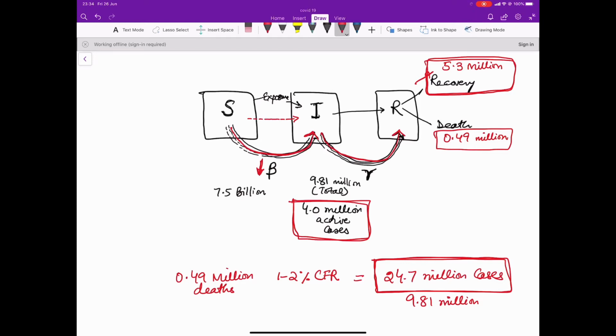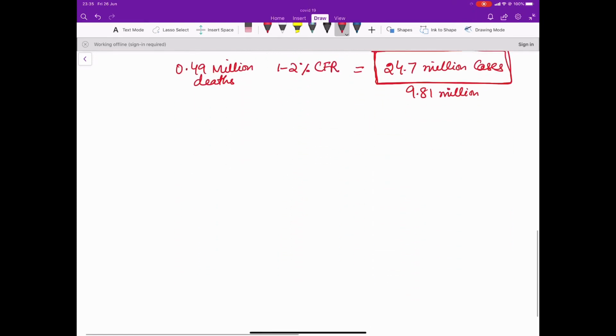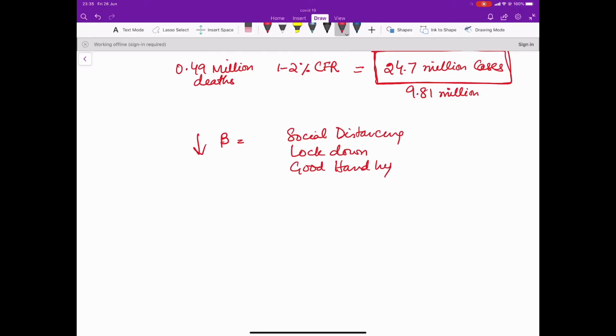For example, decrease of beta can be done by social distancing, by lockdowns, by good hand hygiene, by strict border control, and by use of masks.